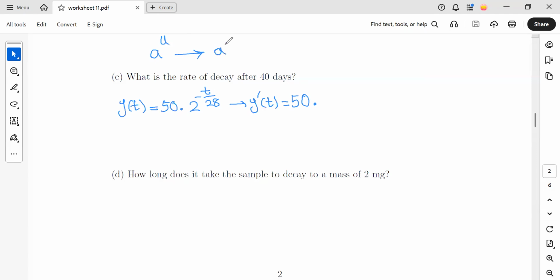So you would have a copy of this one times ln of the base times du dx. We're going to use that here, and we would have 50 as the coefficient, a copy of whatever we have, times ln of the base, which is 2 here, times derivative of the power, which is negative 1 over 28 here.